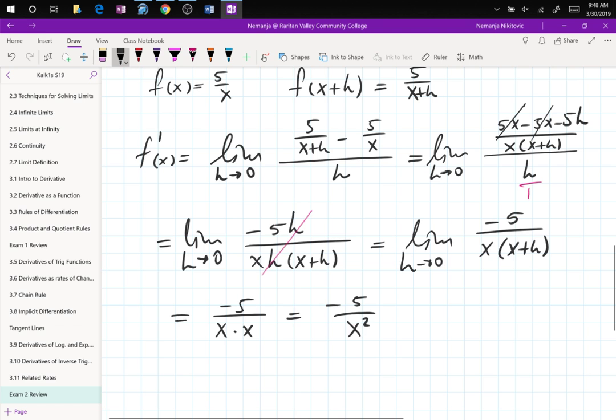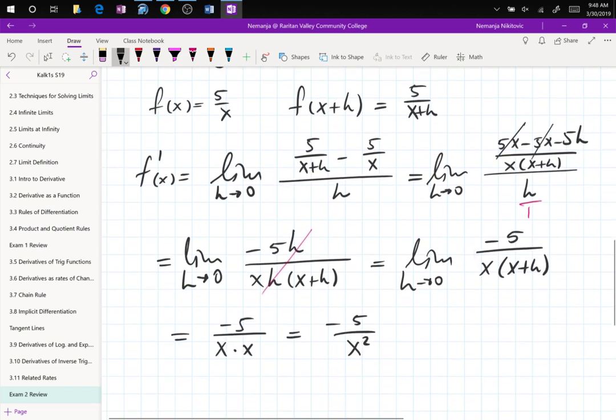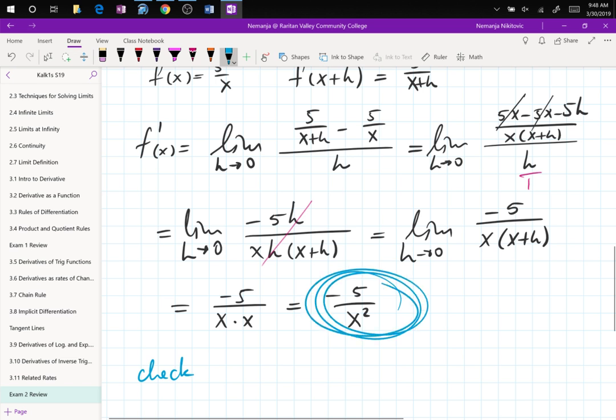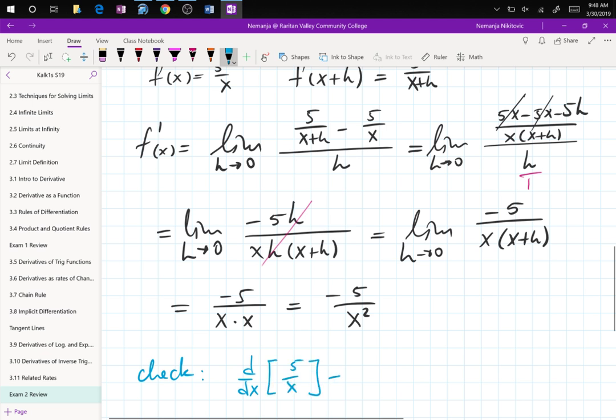Now the cool thing about these problems doing a long way is that you can check, because you know the shortcut method, right? You can check the validity of your answer from the problem that is 10 points by taking the basic derivative, just saying, okay, d dx of 5 over x, right? And then you say, all right, so this is the derivative of 5x to the minus 1.